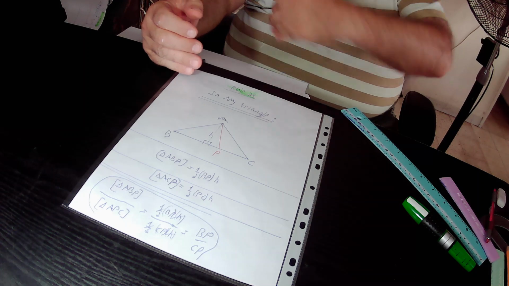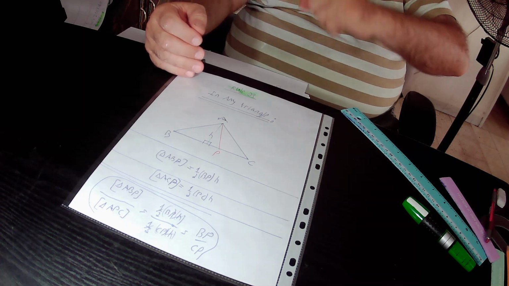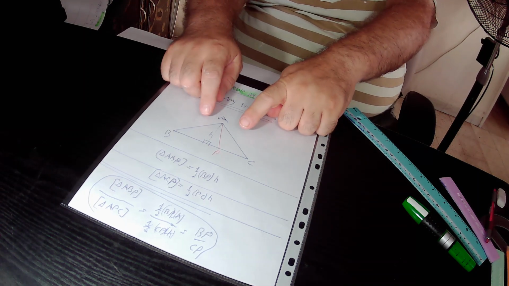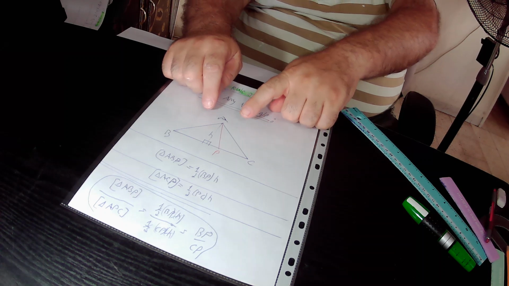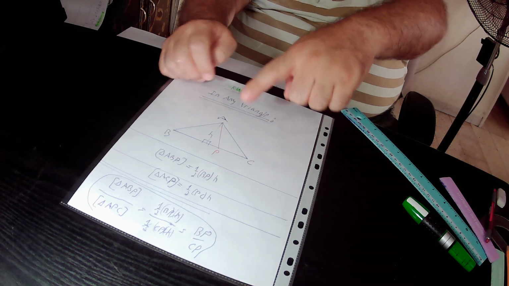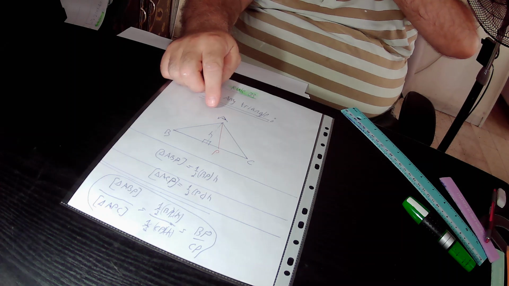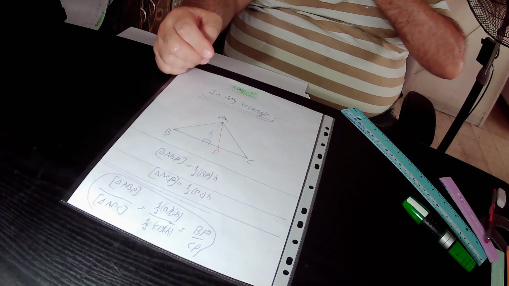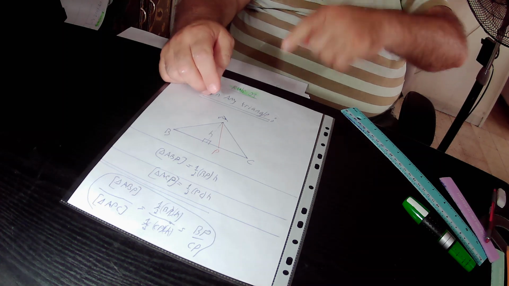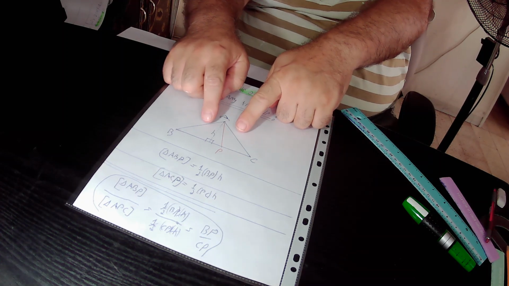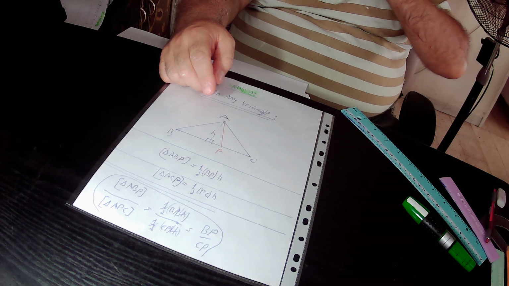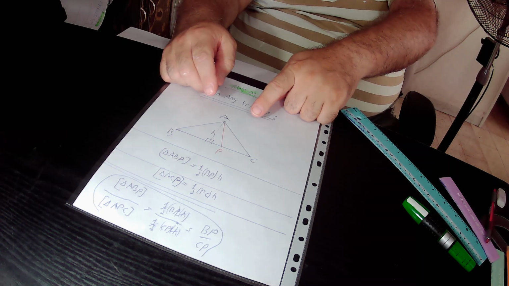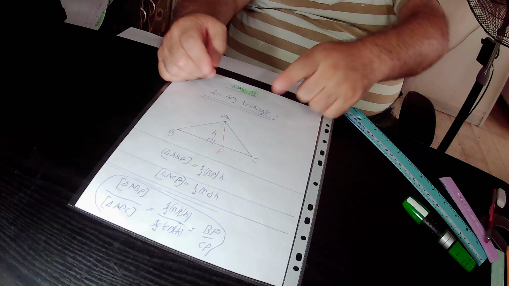Rule 23 talks about the smaller triangles that will be created by drawing line segment AP from the vertex A in triangle ABC. According to rule 23, the ratio between the areas of those two smaller triangles will be equal to the ratio between their corresponding bases.